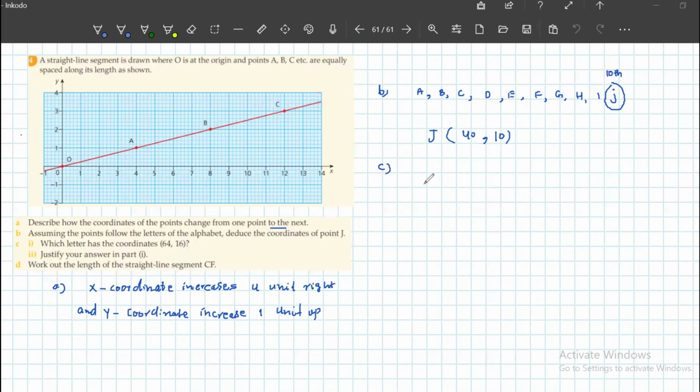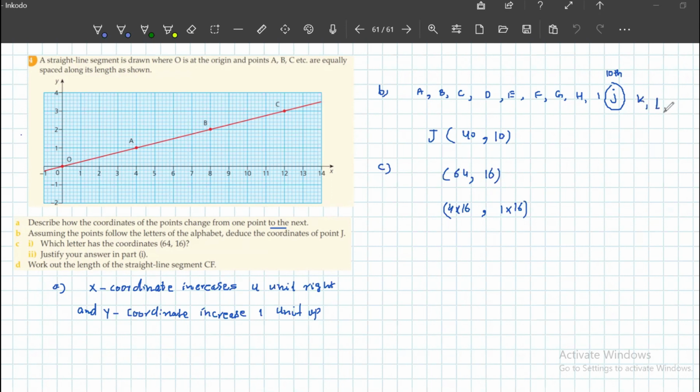Next, part C: they want us to find which letter has the coordinate 64 comma 16. If we break it down this way, 4 multiplied by 16 gives me 64, and 1 multiplied by 16 is 16. So next we will check after the 16th letter, like J is exactly on the 10th.